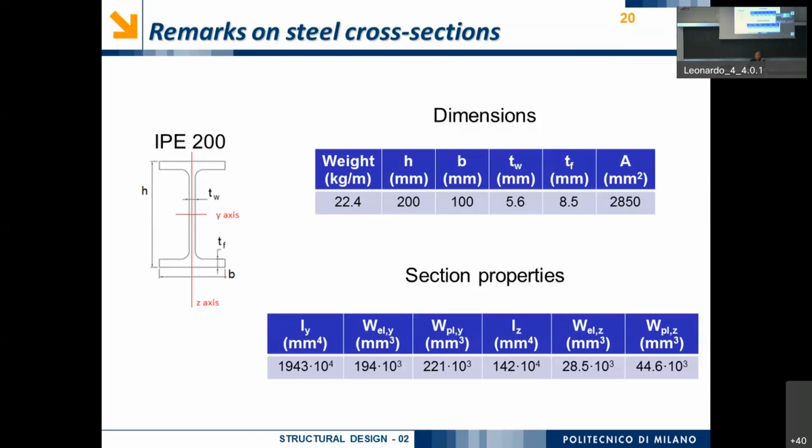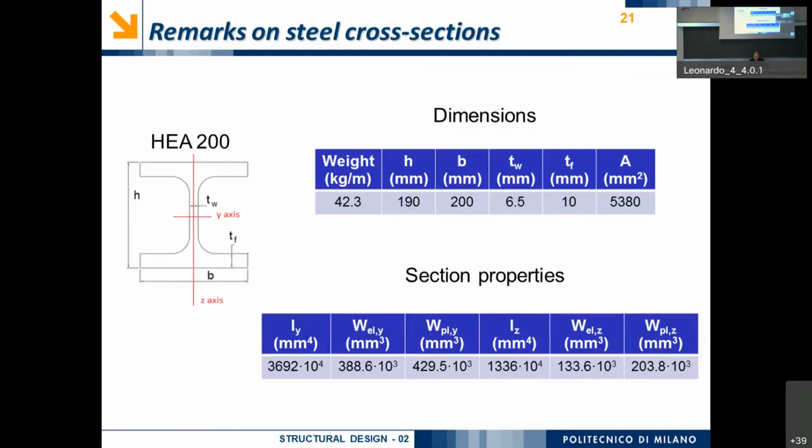So they depends on B and H, the dimension of the cross-section. Also, in the case of an I-beam, it depends only on the dimension of the cross-section. Now, the dimension of the cross-section are more complicated, more numbers, of course, because we have H, we have B, we have TF and TW. But WEL and WPL only depends on these 4 numbers. And this is the same also for different kind of cross-section.